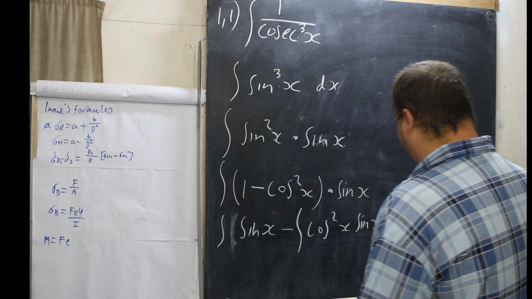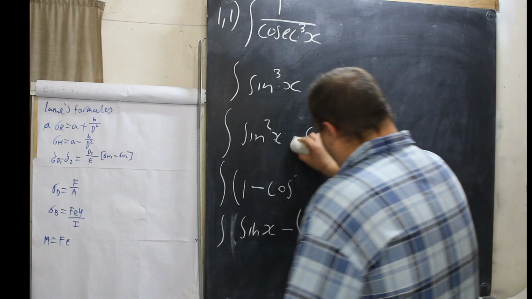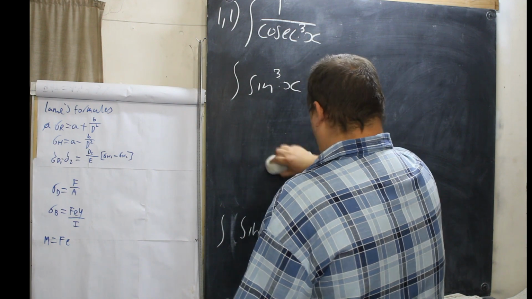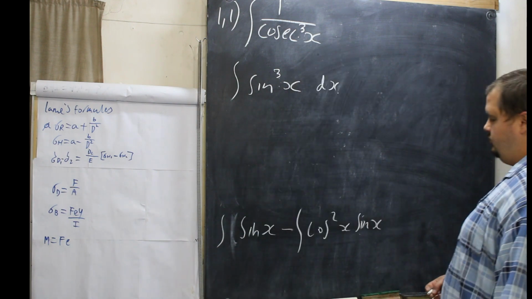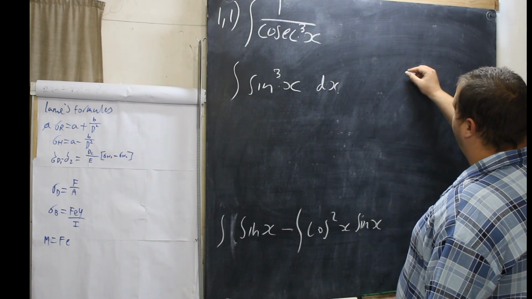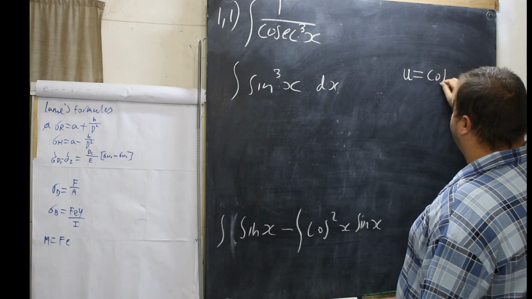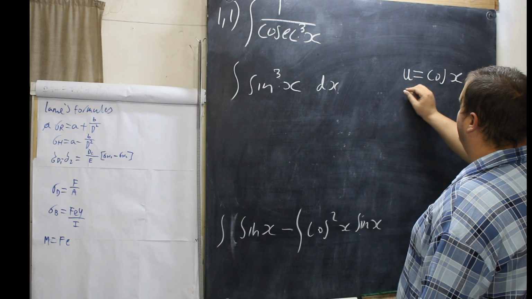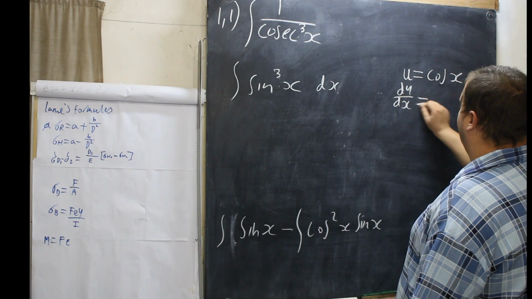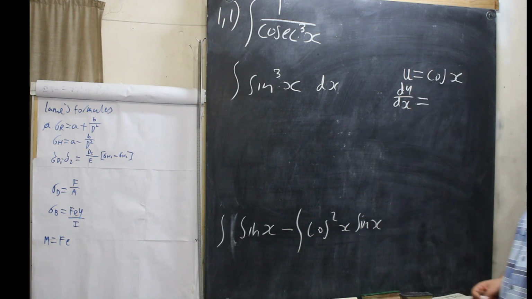So the next step, as I'm running out of room, is cos squared. Cos is going to be u. We're going to u substitute. u is equal to cos x. So du over dx is minus sine.